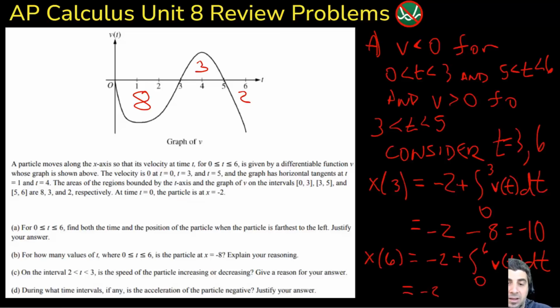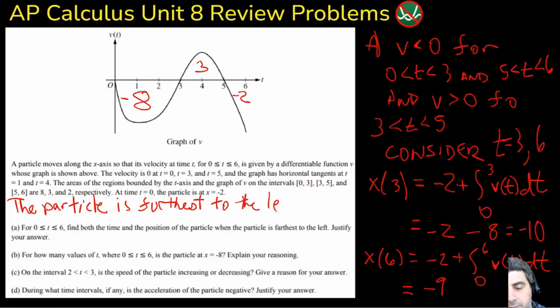So the 8 gets counted as negative, and the 2 does as well. So if you add all those up, negative 8 plus 3 minus 2 plus the initial condition of negative 2, you're going to get negative 9. So you could say something to the effect of, therefore, the particle is furthest to the left at time t equals 3, and its position is x of 3 equals negative 10.